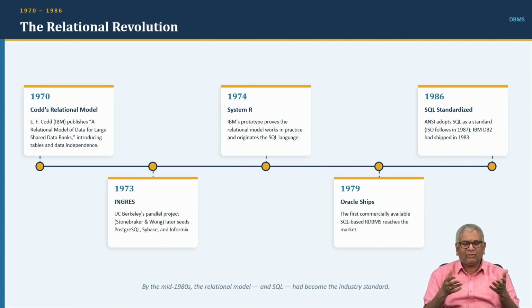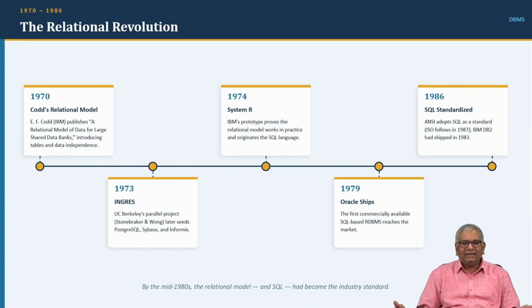He pioneered this model. So Codd is, we could say, the father of RDBMS. We could call him E.F. Codd as the father of RDBMS. So his name is going to be repeated multiple times as we go through this series. So that's back in 1970, he pioneered the idea.